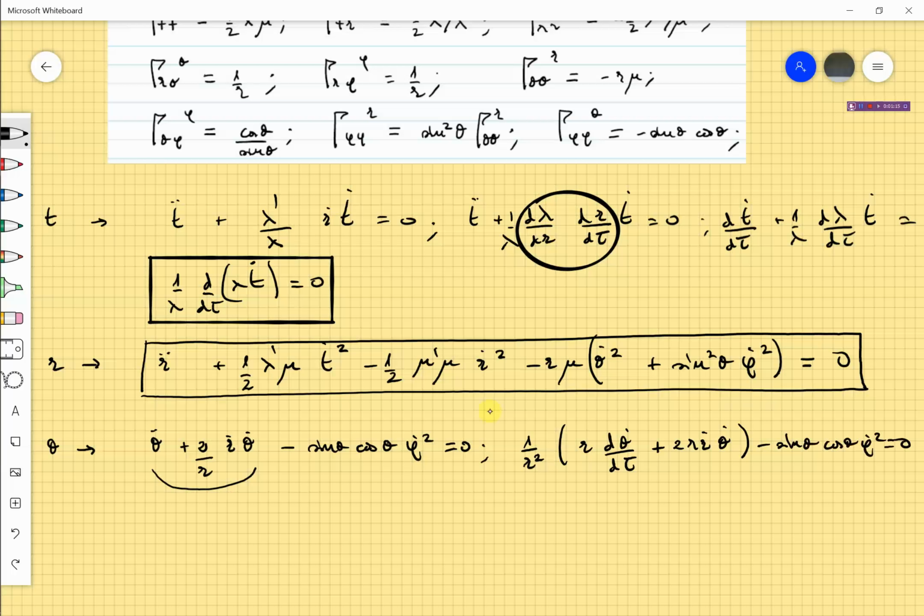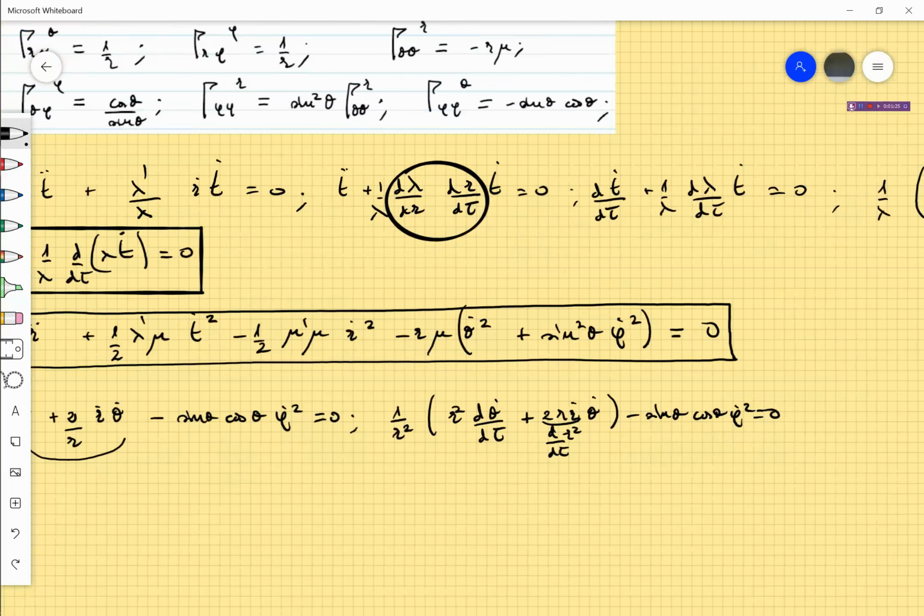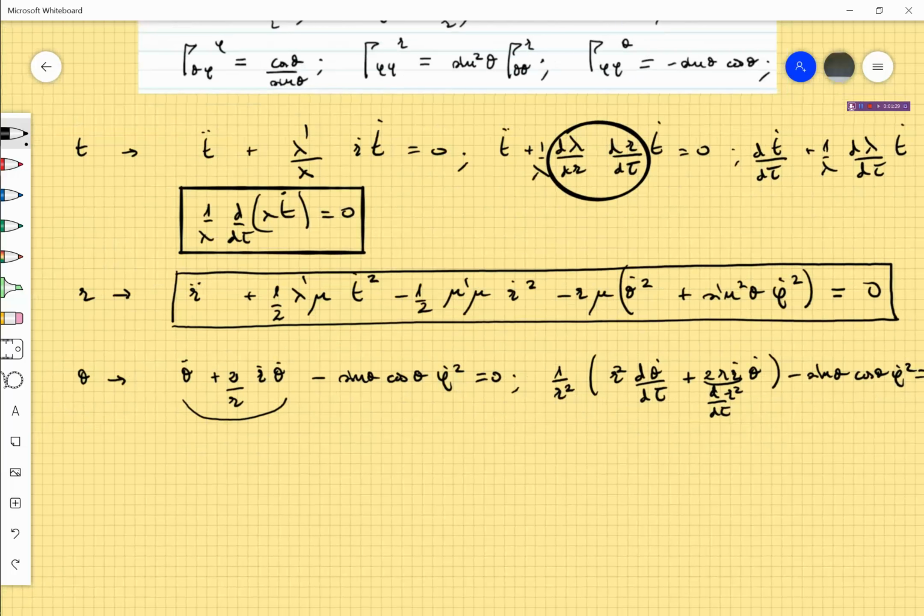And now observe that this is just d tau of r squared. So the whole thing is, okay, and this is the definite form, the final form of the equation that we are going to use: d tau of r squared theta dot minus sine theta cosine theta phi dot squared.